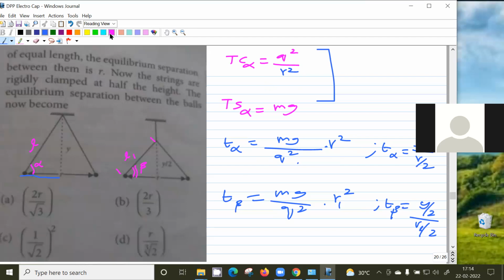So from this I can get the answer. So it's y by r1. Here it is 2 times y by r, this one. So it's given as q.